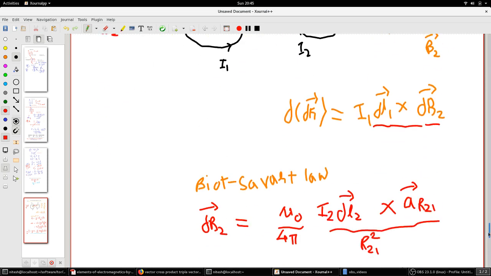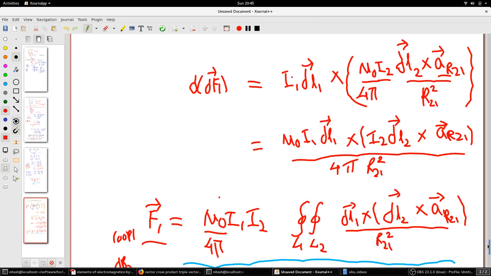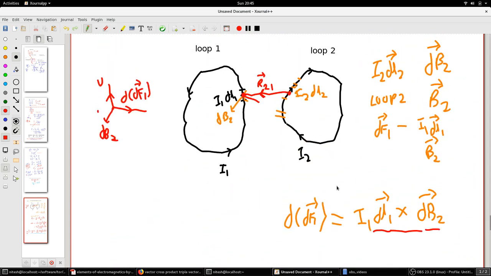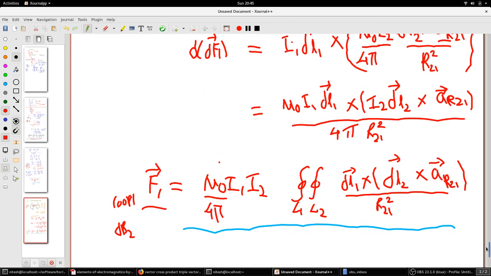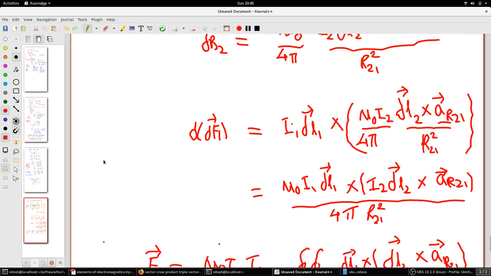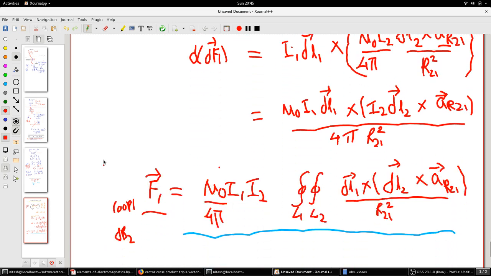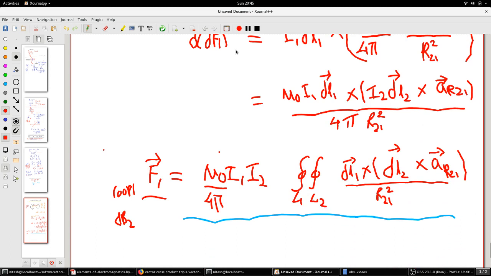Next you have I1 dL1, the current element on which the force is experienced, and R21 is the distance. That's fine. So this is the force experienced by loop 1 due to the magnetic field generated by current loop 2.